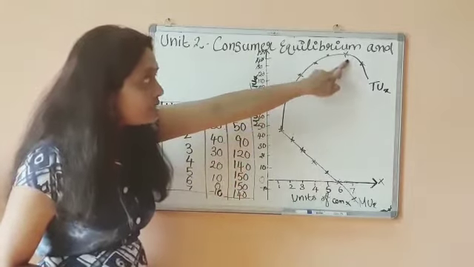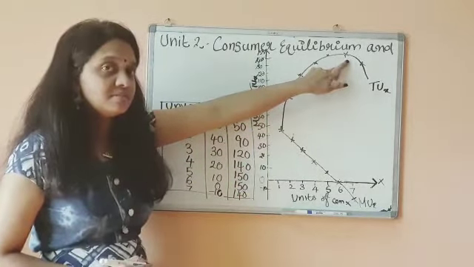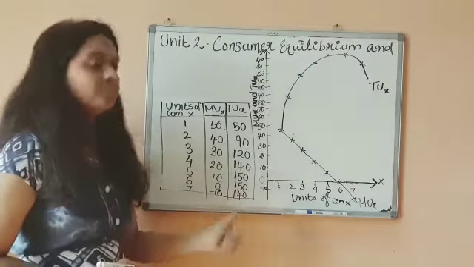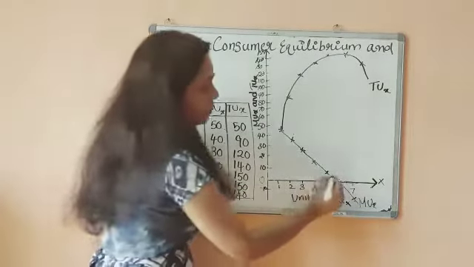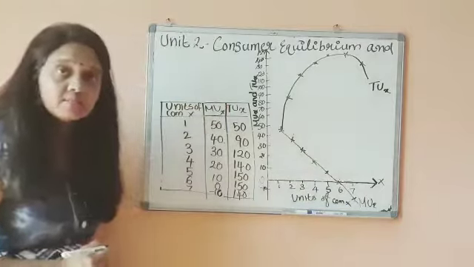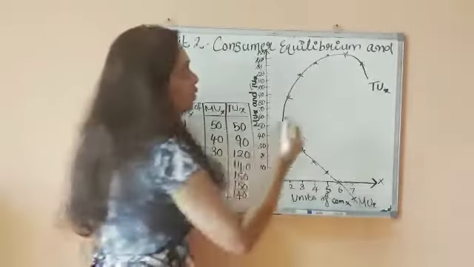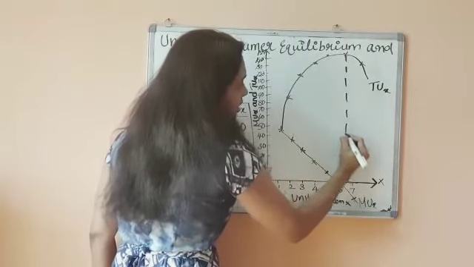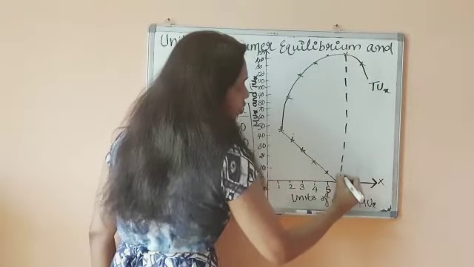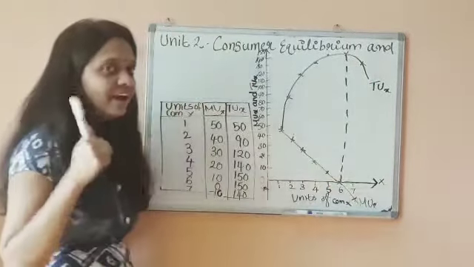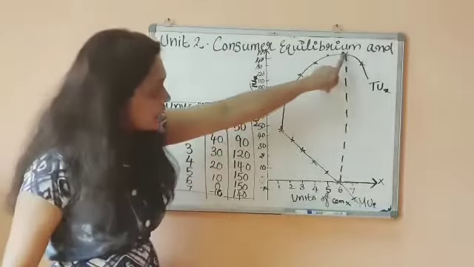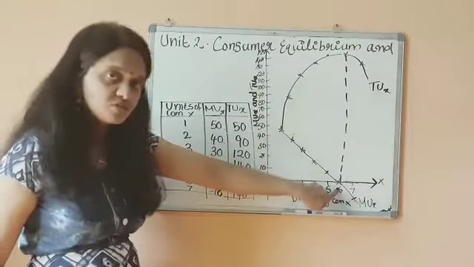When TU is maximum, at the sixth unit, what is happening to MU? MU is 0. Just join that and you will understand whether the diagram is correct or not. Yes, our diagram is correct. So when TU is maximum, MU is 0.